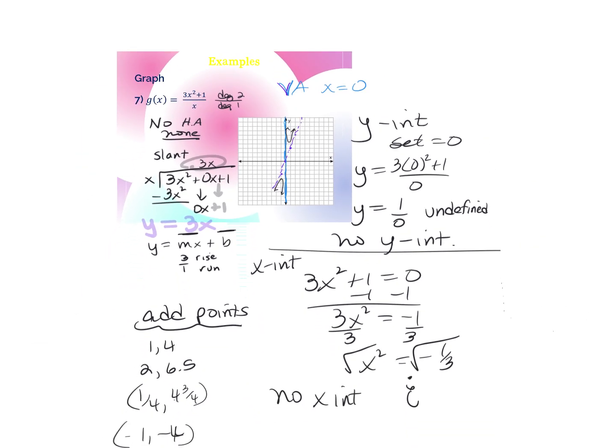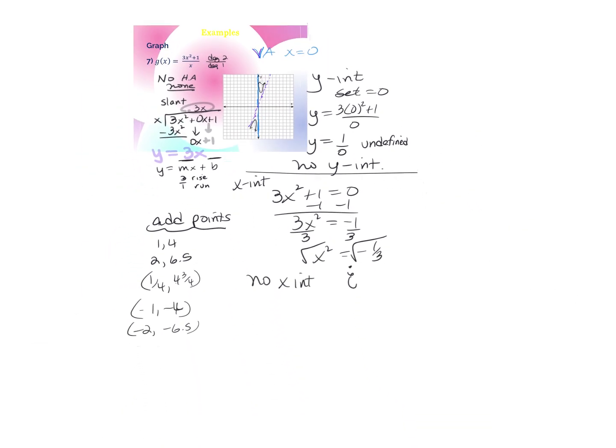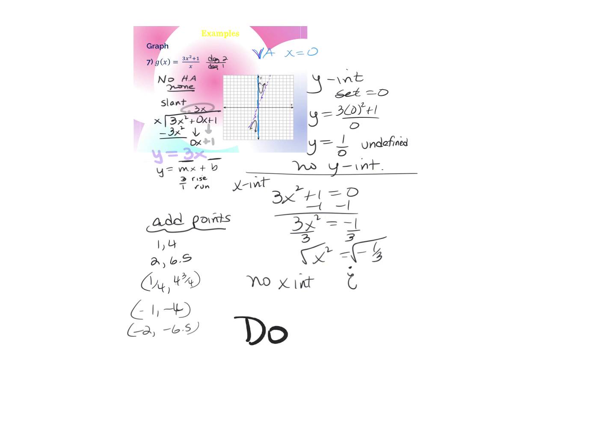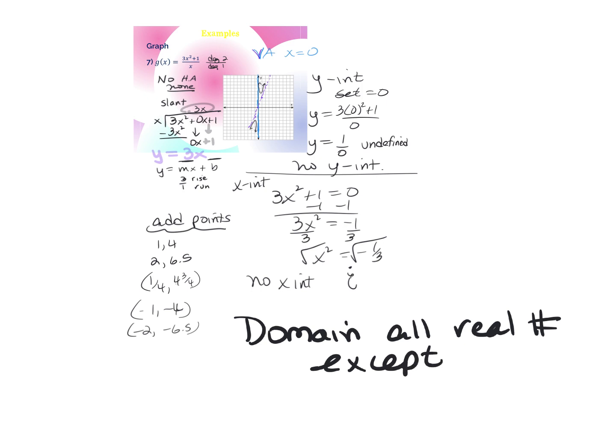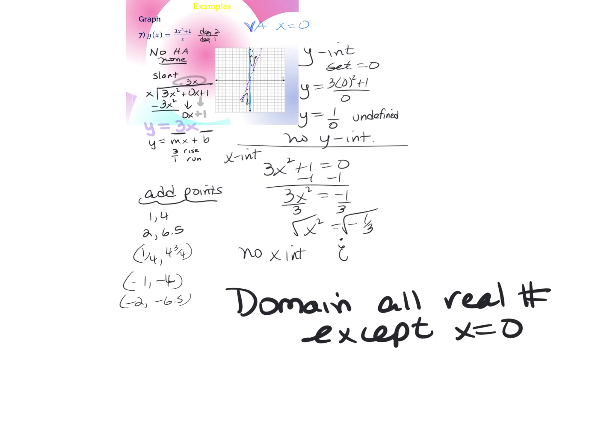Now, let me go ahead and do the domain here. The domain here is going to be all real numbers except when x equals 0. So as an interval, which is what you're going to do on the quiz, negative infinity to 0, and 0 to infinity.